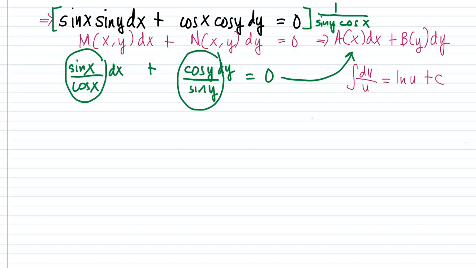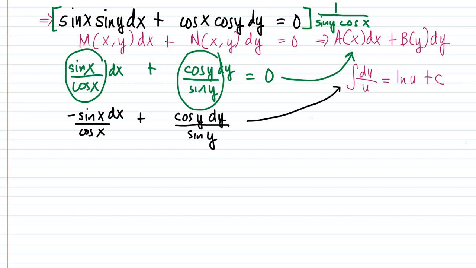Our u in the first term is cos x, and the differential is negative sin x dx, so negative sin x dx over cos x. In the second term, our u is sin y, so the differential is cos y dy over sin y. So it now fits this form, and let's go ahead and integrate.